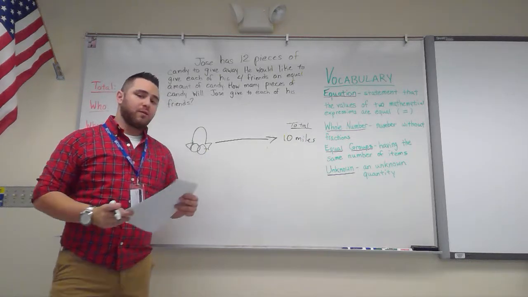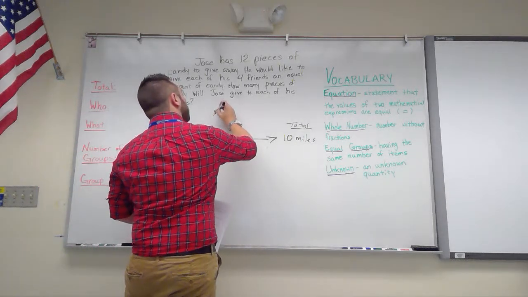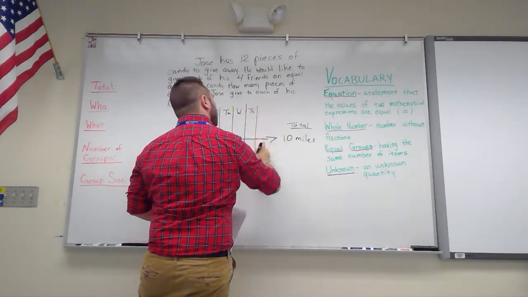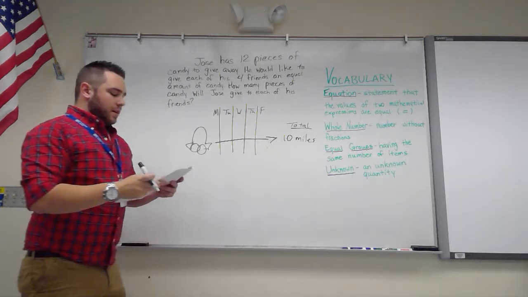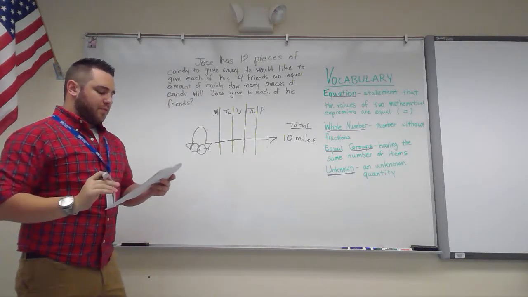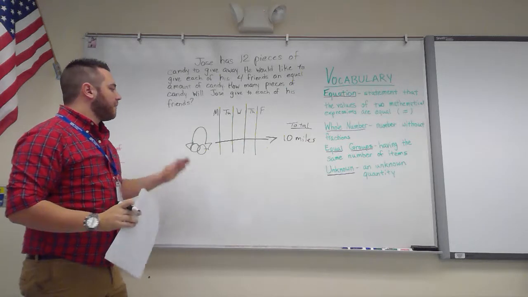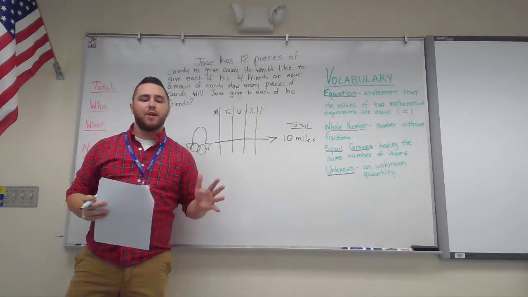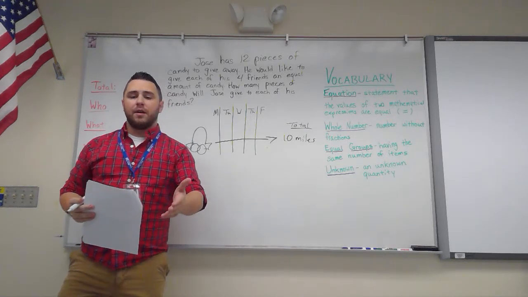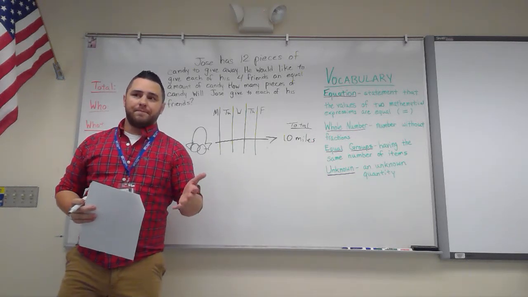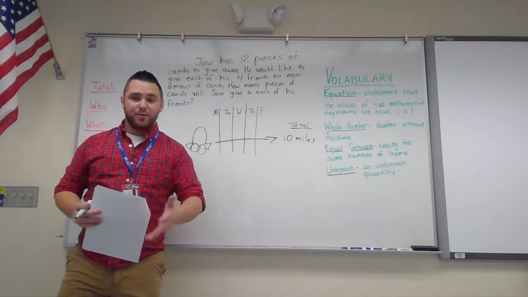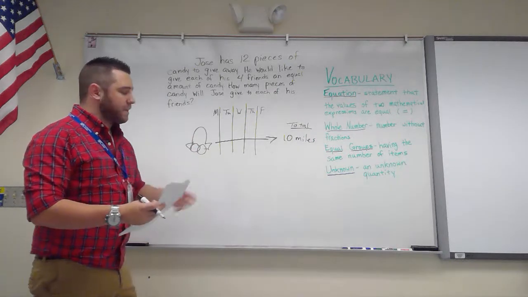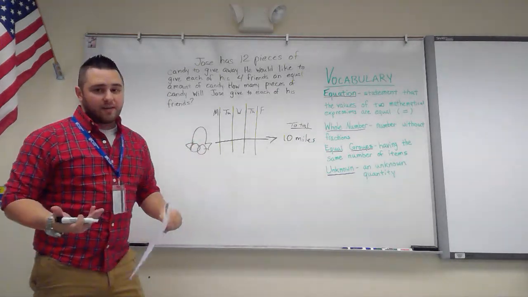If Mr. Smith goes to work 5 days per week, so we'll say it's Monday through Friday just so he can have the weekends off, how many miles does he drive each day? By providing this visual representation, they can still see that it's going to be equal groups and that we don't always have to have counters or counting bears or Cheerios or anything like that. We can solve the problem just by using what we know, and sometimes drawing it out does make it easier.